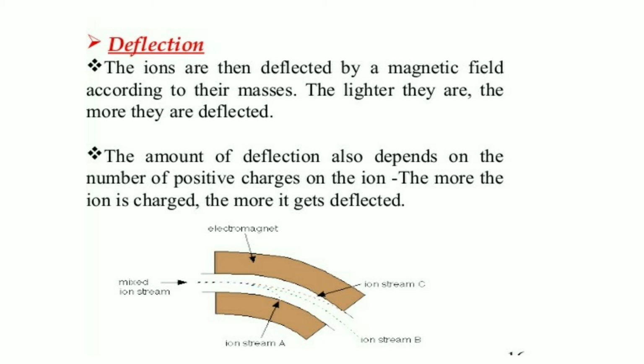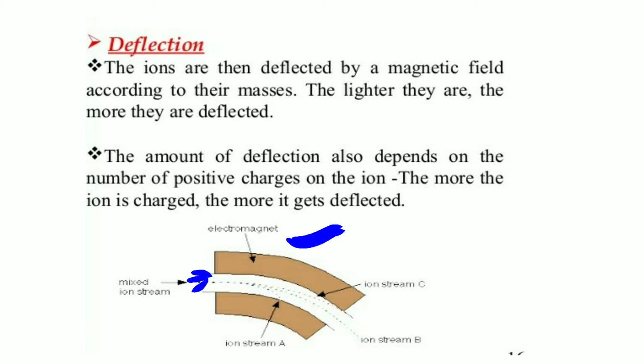The positive ions have different masses and charges, which is why we deflect them using an electromagnet. The mixed ion stream passes through, with an electromagnet on both sides.